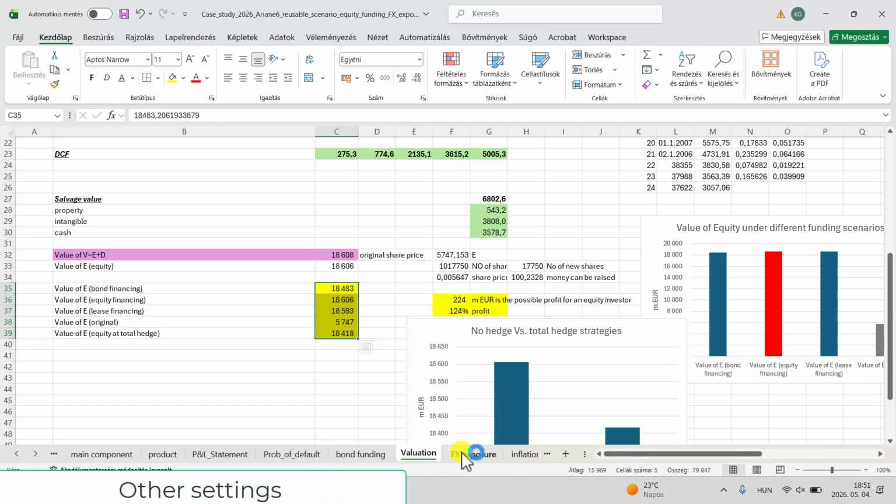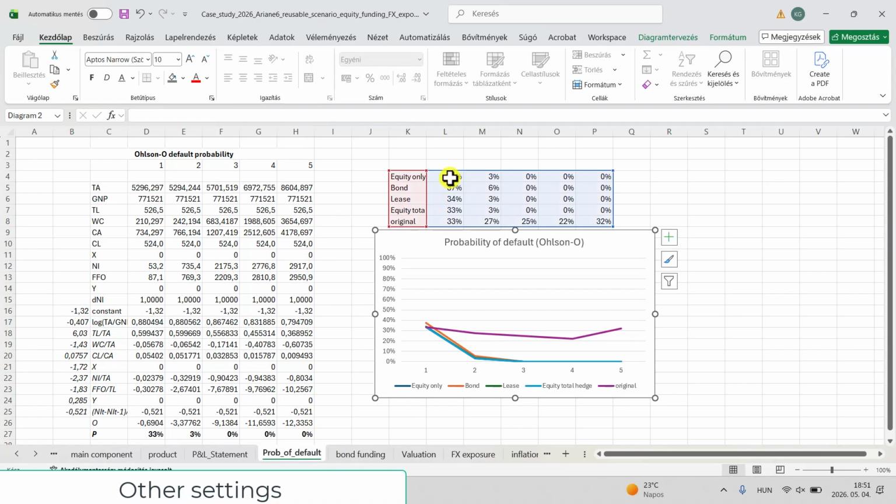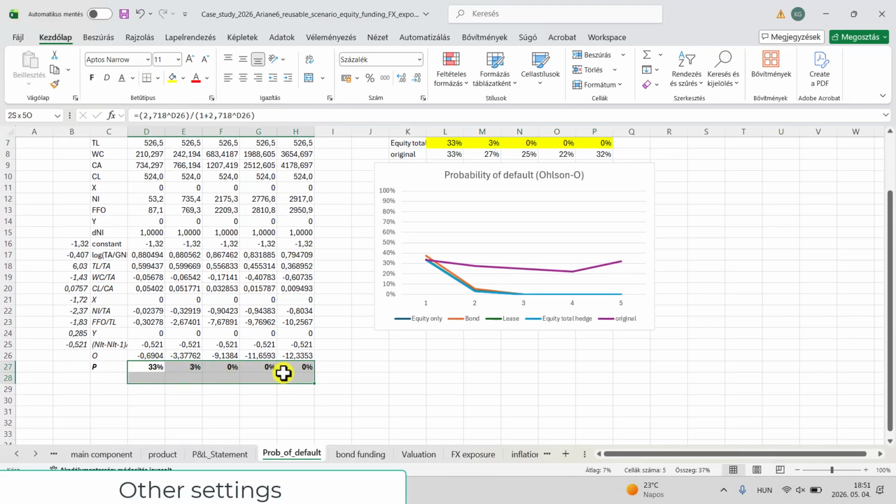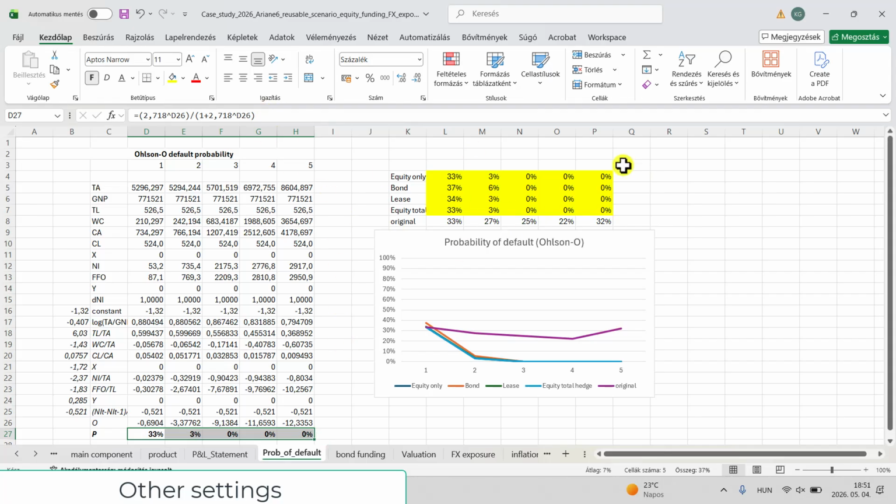Also, what we can see here in the probability of default, these numbers will also come from there. The original, again, this one will stay. You don't have to modify that one. These numbers will be updated because they are located in the individual sheets.